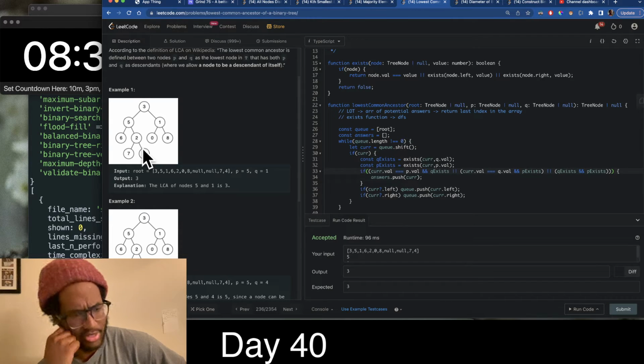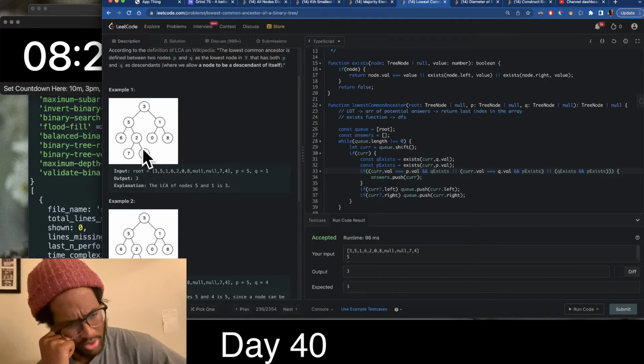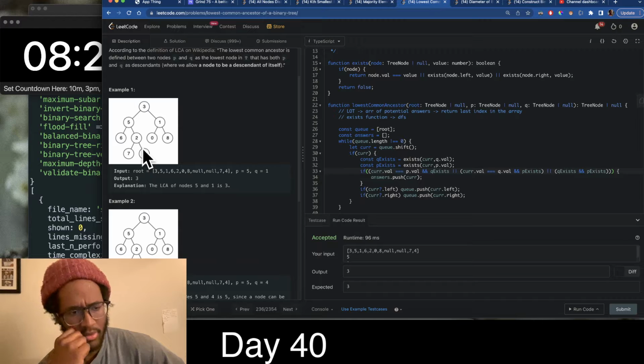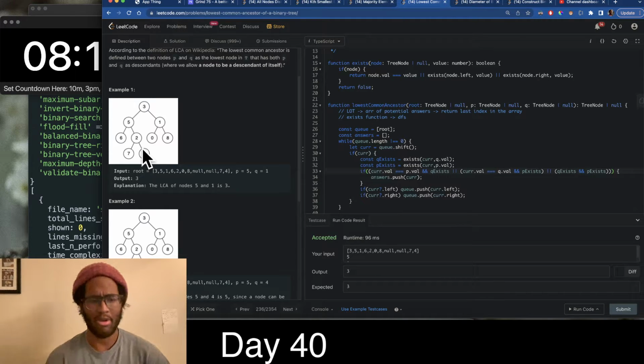If we did this with a depth first search, we could build this tree up. So if we went bottom up, we could build this map of values up.